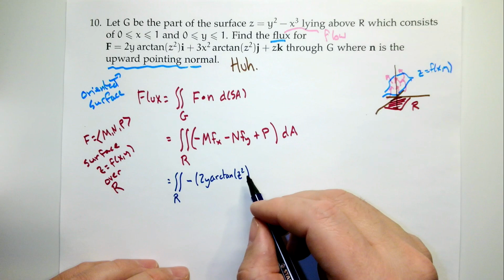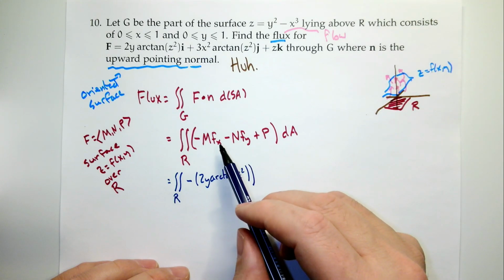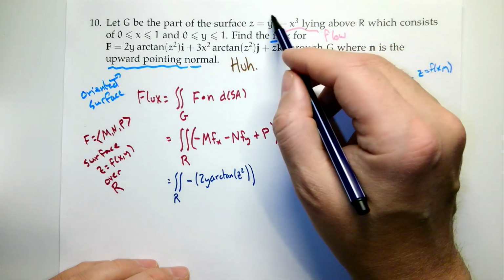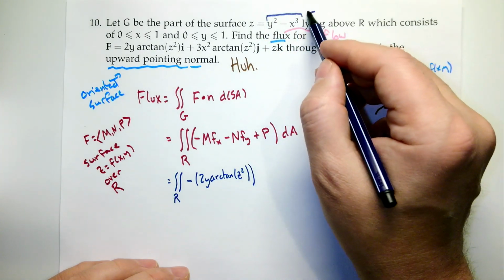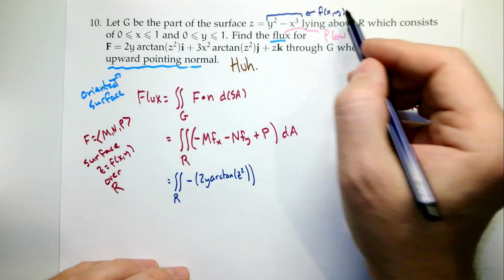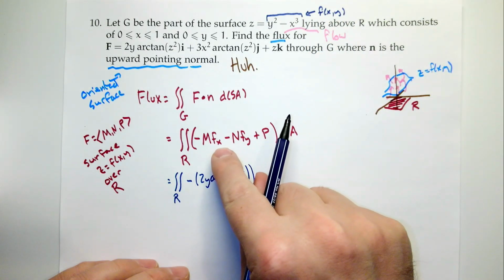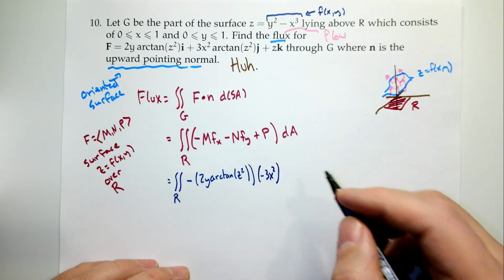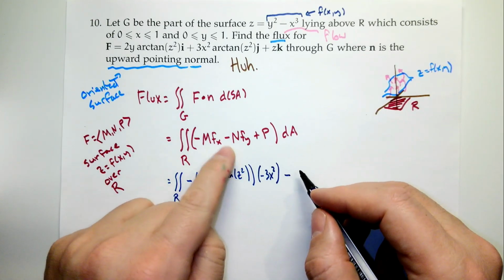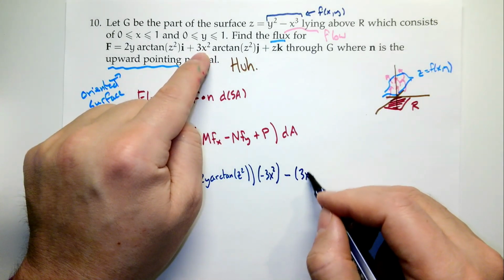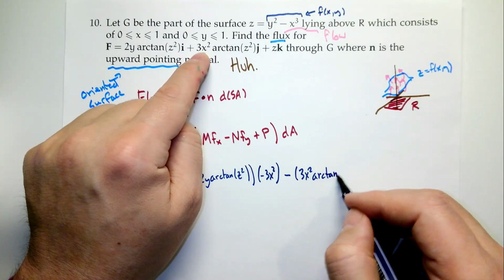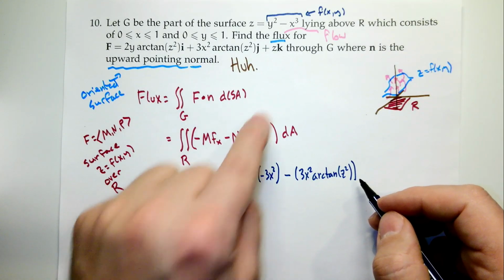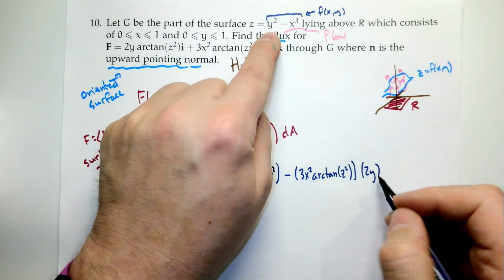And then we're going to multiply that by f_x. So here, this y squared minus x cubed, this up here is our f of x, y. So f_x would be minus 3x squared. Then we have minus our N, so 3x squared arctangent z squared, times f_y, which is 2y.